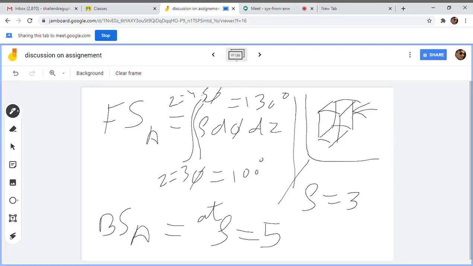The longest straight line will comprise the points that are farthest from each other. You can see the diagonal of this cylinder will make that line. Take this point A, and the farthest point is this point B.